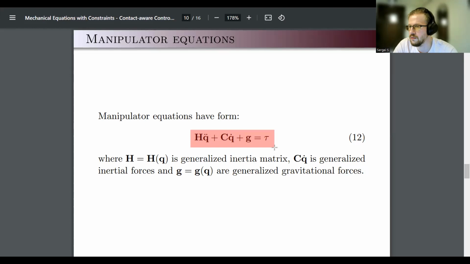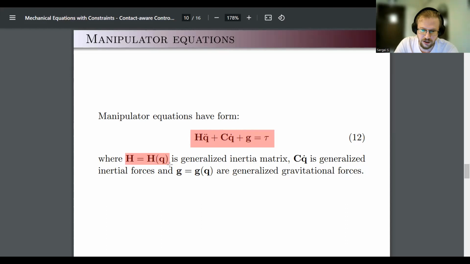Like Lagrange equation, you can call them partial differential equations if you want, even though it is a little bit strange to call them that. But after taking all the partial derivatives and the time derivatives, you will essentially arrive at this. Here H is a generalized inertial matrix.